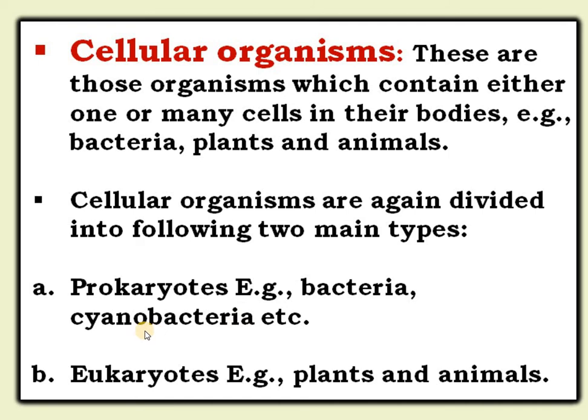Prokaryote examples are bacteria, cyanobacteria, etc. Eukaryotes can be any advanced organism, a plant or an animal. Now let us talk about the basic characteristics of a prokaryotic and a eukaryotic organism.